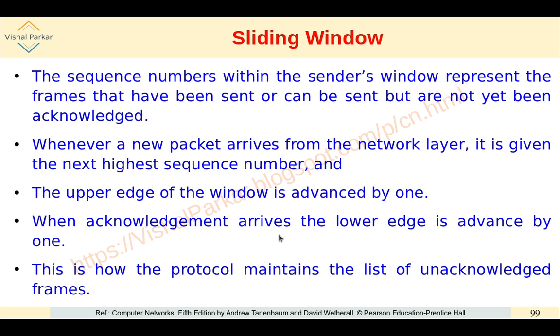When an acknowledgement arrives for the same frame, the lower edge is advanced by 1. This is how the protocol maintains a list of unacknowledged frames. Effectively, the protocol needs to check which of the frames have been acknowledged and which have not yet been.